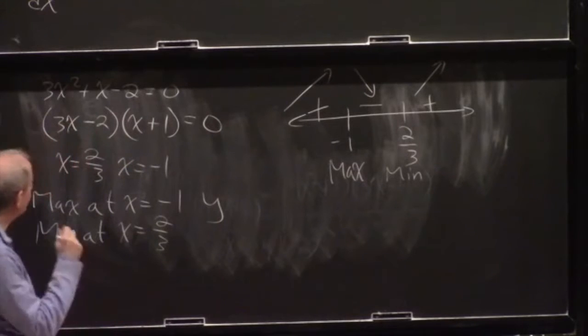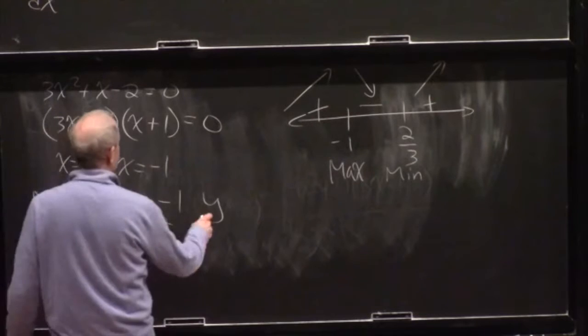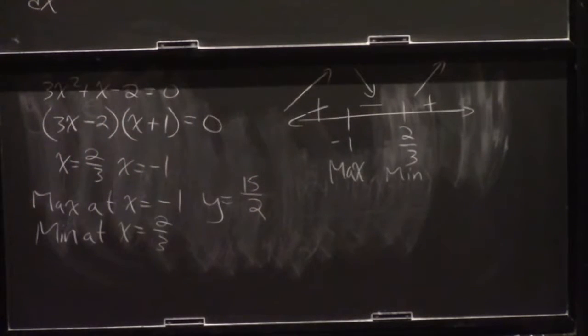To find the y value, you take -1 and you plug it back into the original equation. And you get 7.5, you get 15/2. And 2/3 is a little annoying. You get 8/27 plus 4/18 plus 2/18, which is 16 plus 6 is 22/54 minus 4/3, which would be minus 72.